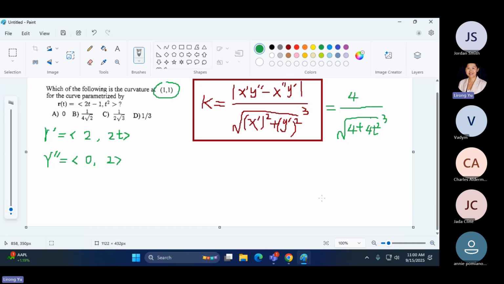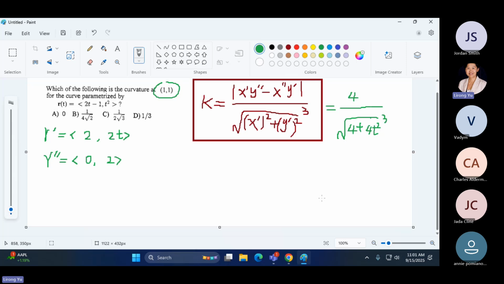The curvature should be calculated as, basically, the numerator is the determinant of the matrix of the first derivative and second derivative. The determinant is the first derivative of x multiplied by the second derivative of y minus the second derivative of x multiplied by the first derivative of y.